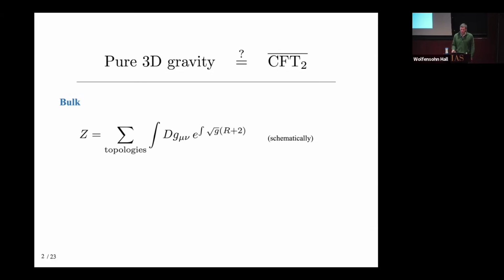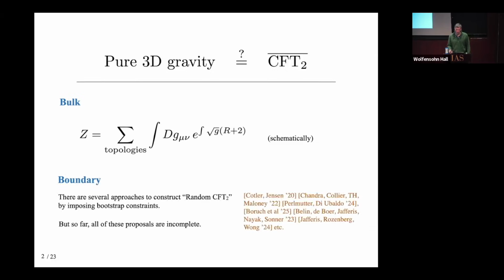On the CFT side, I think this is probably harder. We need to understand what it means to have a random 2-dimensional conformal field theory. There's a big difference between random matrix theory and random CFT, which is the constraints of locality in the boundary directions. Those constraints are implemented by the bootstrap. And that means that somehow what we're looking for is to understand random solutions to the 2-dimensional bootstrap equations.